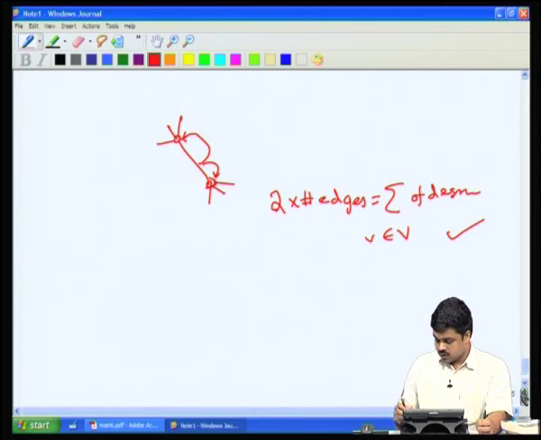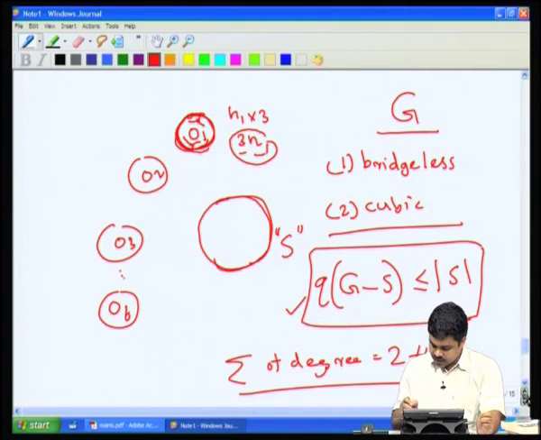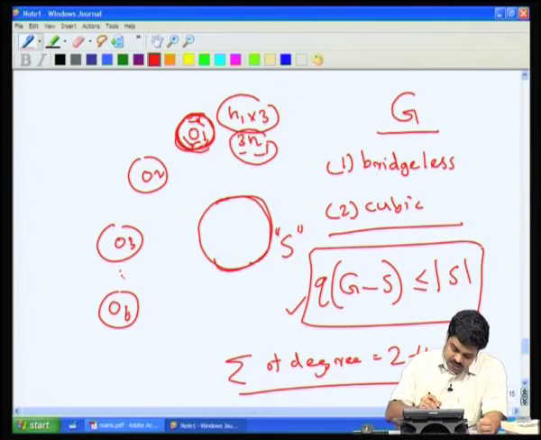So, when you sum up the degrees you will get 2 times the number of edges, therefore it has to be an even number. But here this is an odd number. What does it mean? Some edges have to go out of this. Every edge cannot be inside.